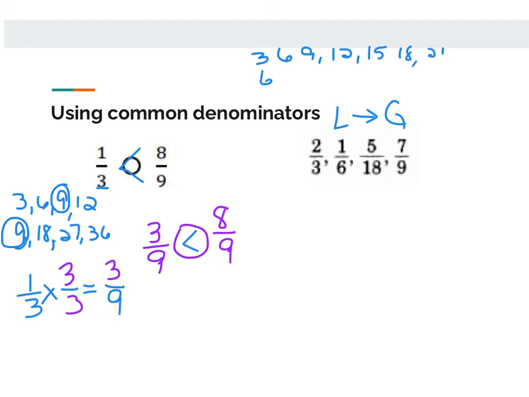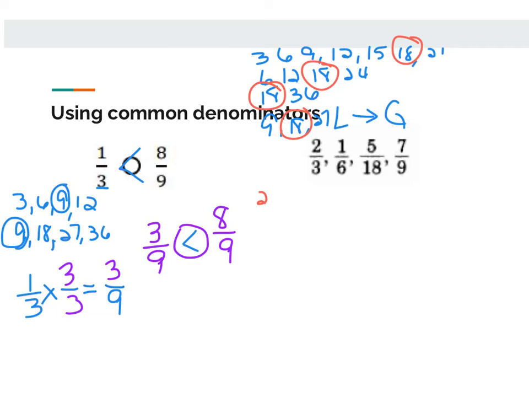Then you have 6, 12, 18, 24, and so on. And then you have 9, 18, 27. So just looking at that, 18 is my common denominator with all three of them. So that's your least common denominator, so we're going to go ahead and change all of them to 18.